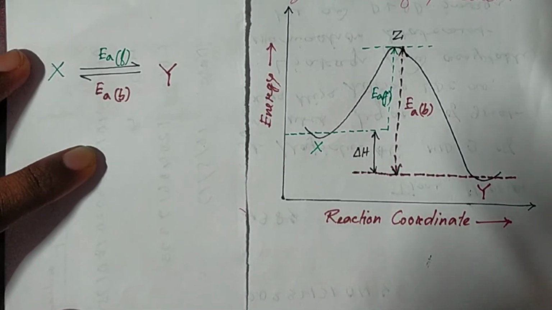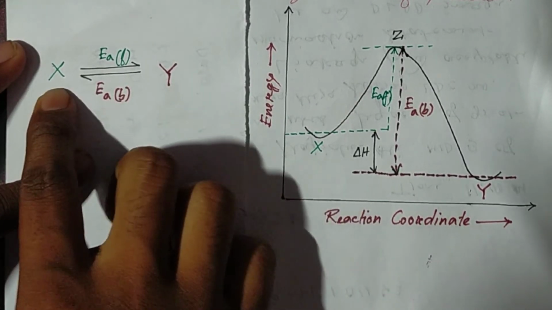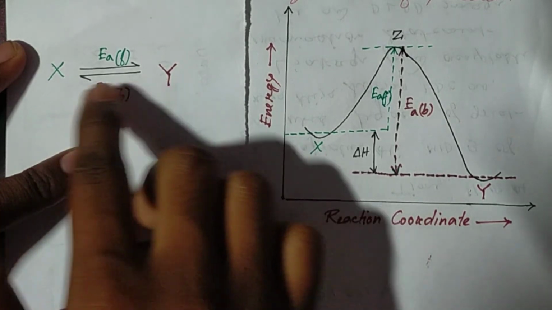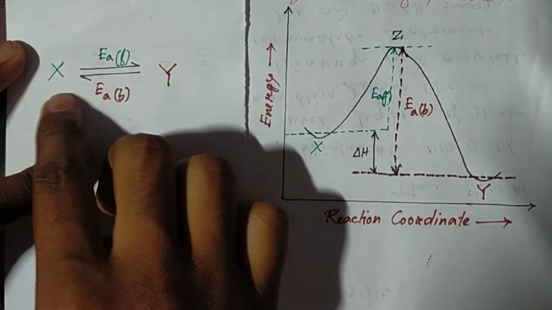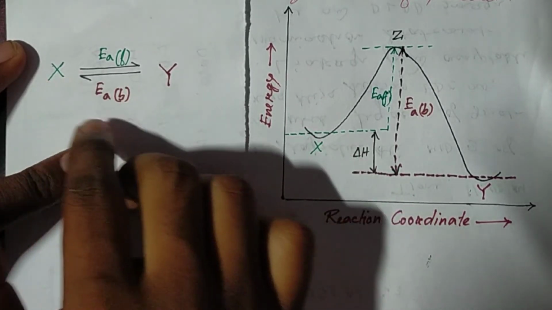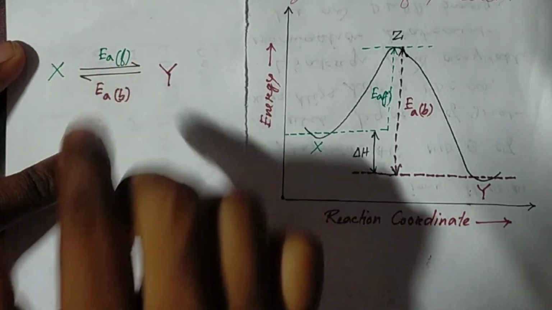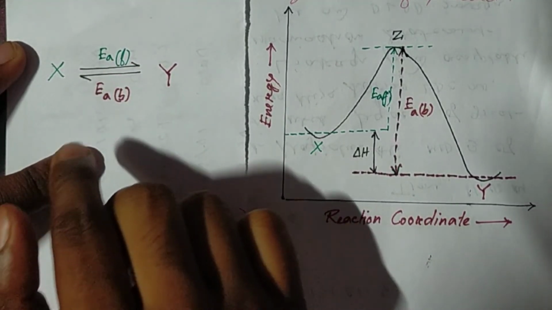Now let's discuss a reversible reaction where there is a forward reaction, X to Y, and there is a backward reaction, Y to X. So this is the activation energy for forward reaction, and this is the activation energy for backward reaction.